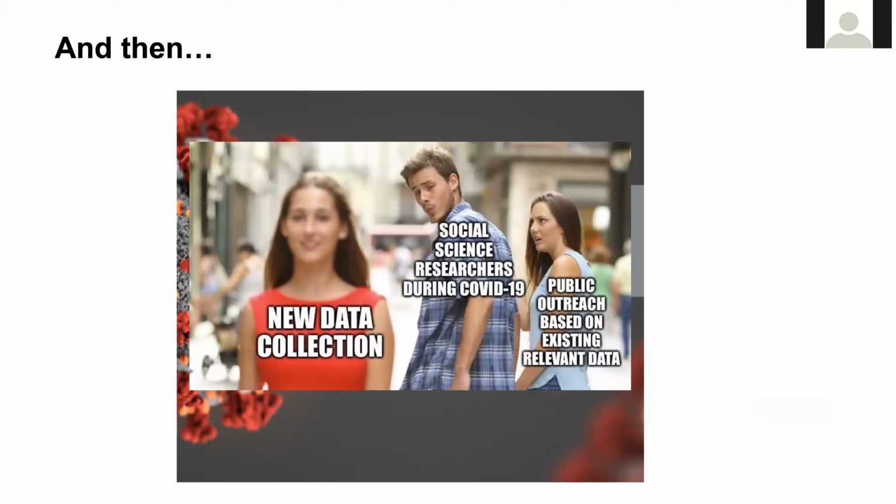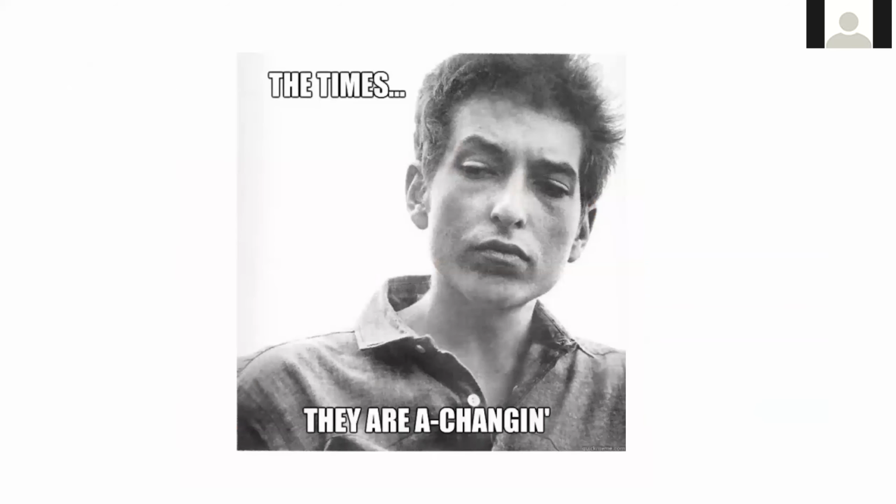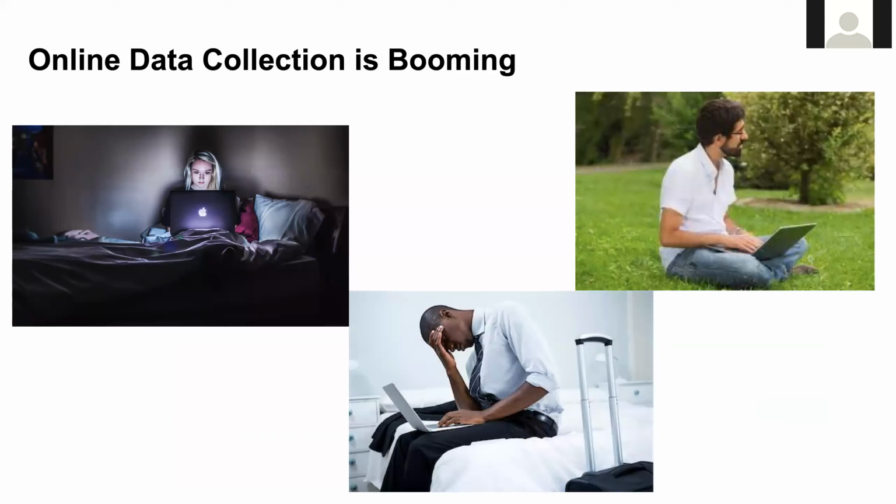So the more favorable option is to start collecting data online. And as Bob Dylan once famously said, the times, they are a-changing. So instead of bringing individuals into the physical lab, we can have individuals do experiments from the comfort of their home. Individuals can do experiments from their bed.